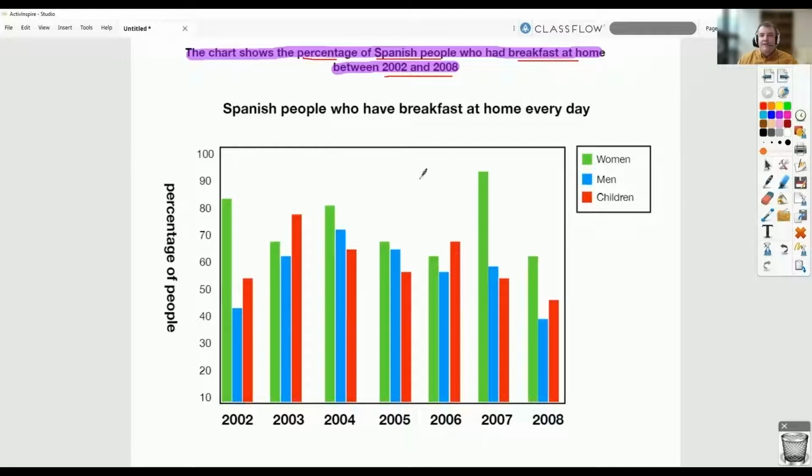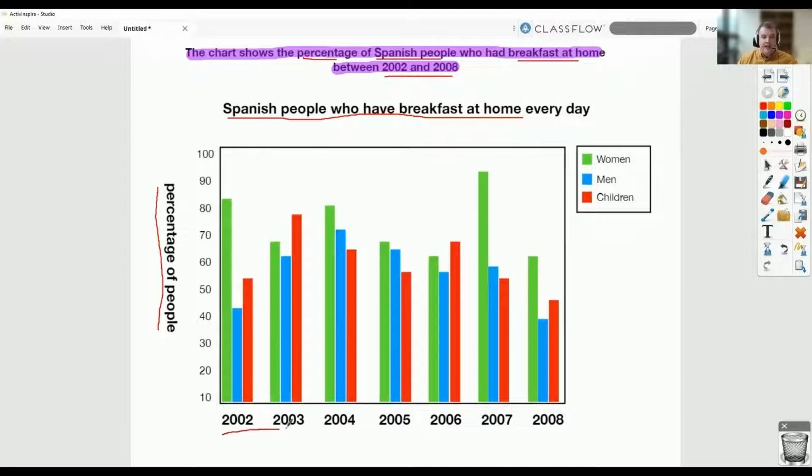Here's the actual title. And here on the side, it talks about the percentage of people. So we can see that these numbers 10 to 100 reflect the percentage of Spanish people.